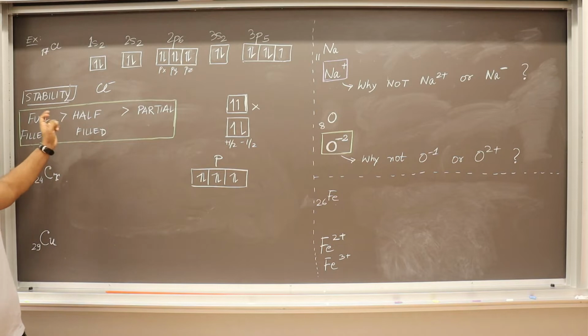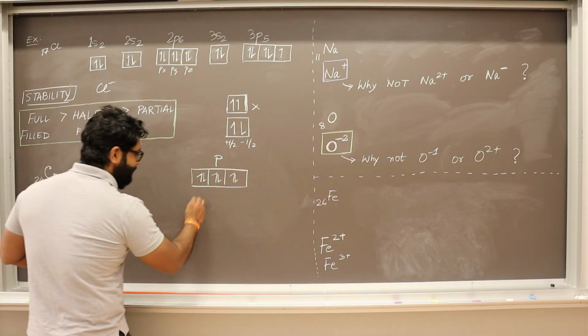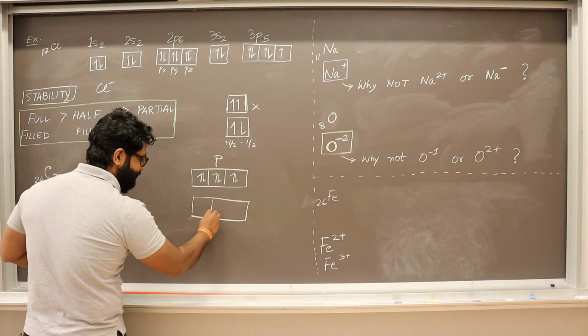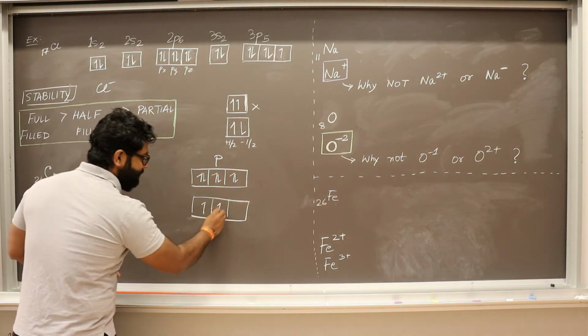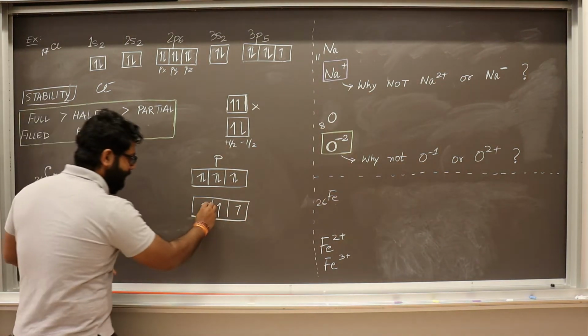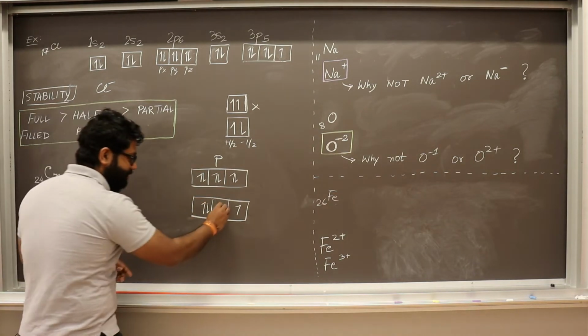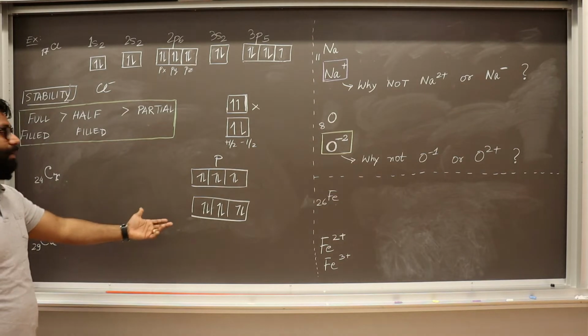Now, what is even less stable than the half filled? Any partial filled. So what's an example of a partial filled? This is an example of a partial filled orbital. This is half filled. This again becomes a partial, fully filled orbital, okay?